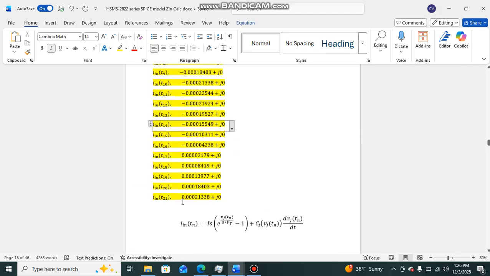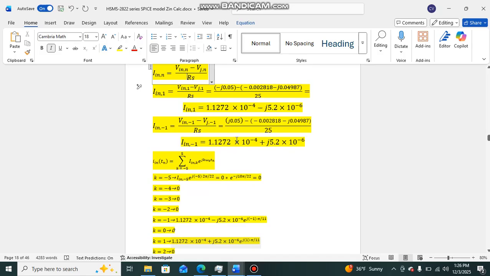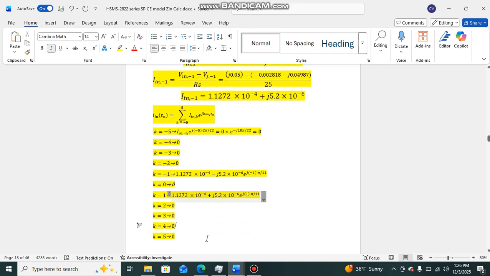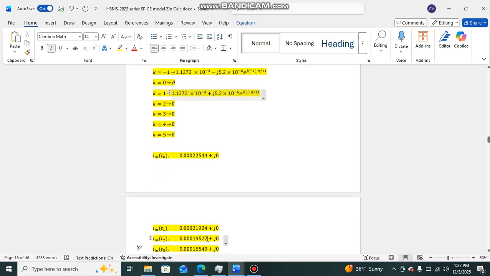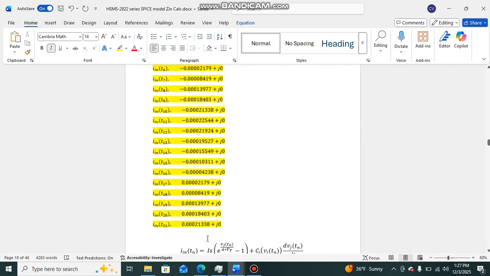So these are our guessed values. I think I told you what the guessed values were before. They're just the fundamental components, frequencies that we know, but we don't know these values, so we keep them 0. So that's our guessed values.